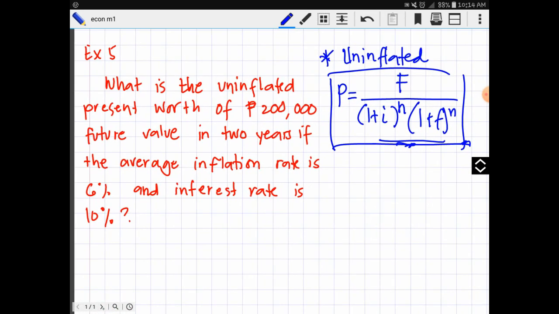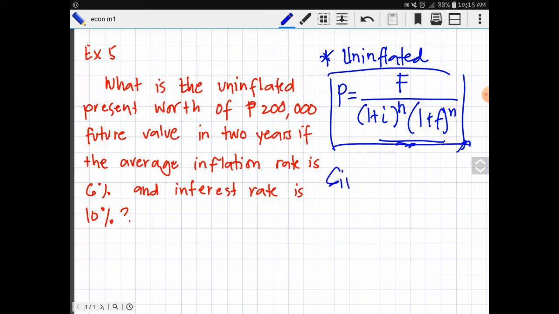Okay, next example, the last example that I will be discussing in this video. When we need to determine the uninflated present worth, the P, this is the formula we will use. P is equal to F over the quantity 1 plus I raised to N, multiplied by the quantity 1 plus F raised to N. What is the inflated present worth of 200,000 future value?